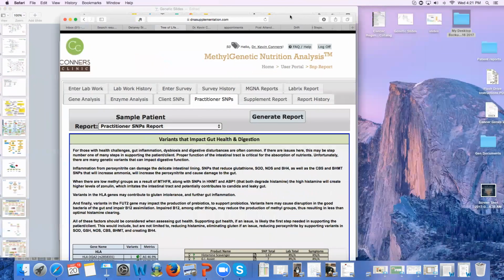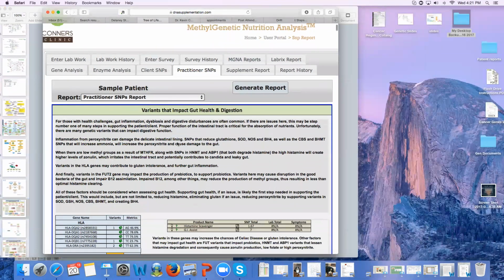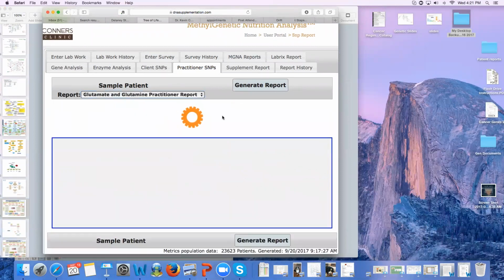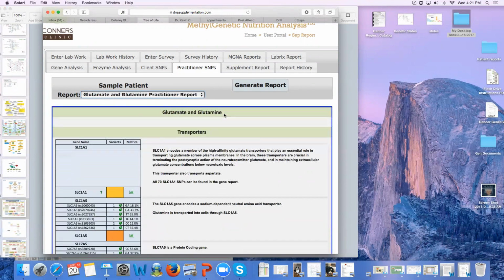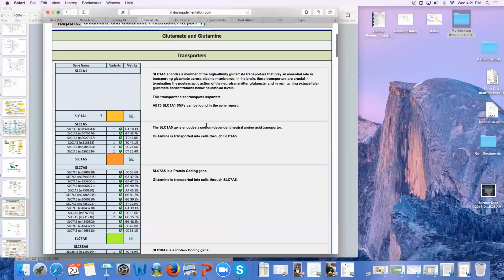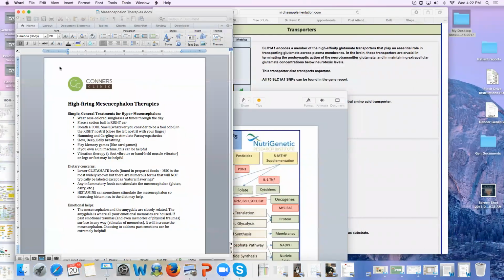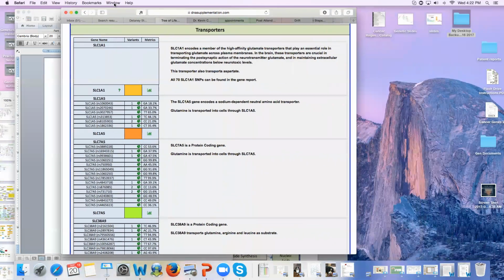Okay, then I did want to touch on this a little bit too, in the glutamate section of the practitioner's report. Any questions while this is opening up? If anybody wants a copy of this form right here, let me know and I can email it to you.